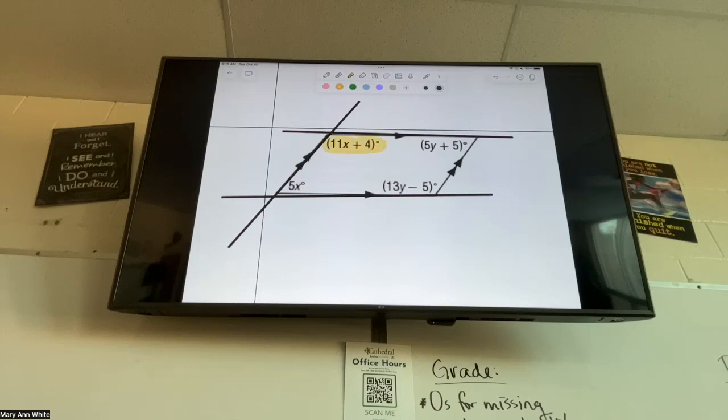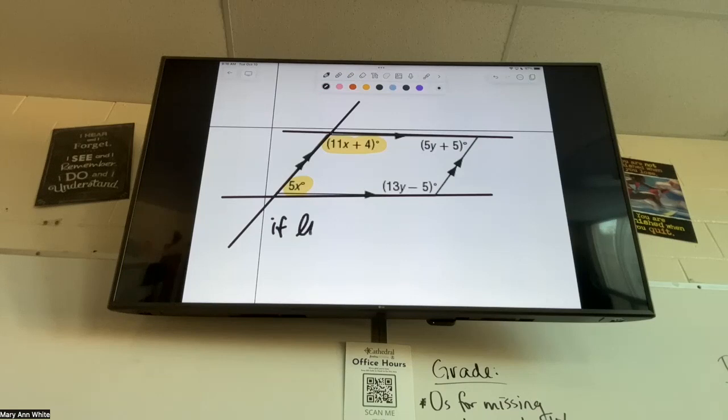What's my relationship between these two x angles? Exactly, Michael. They're consecutive interior. They're right next to each other. They're on the inside of the two lines. So those are my consecutive interior angles.